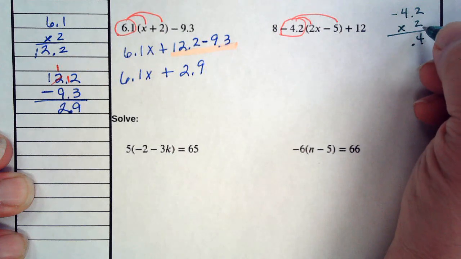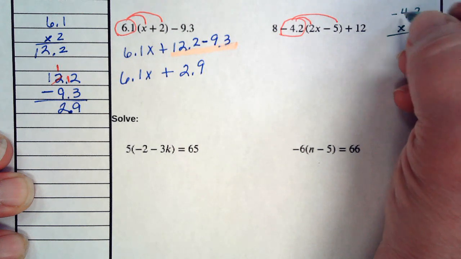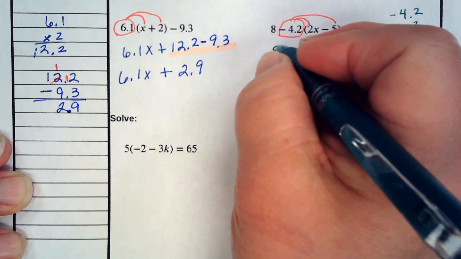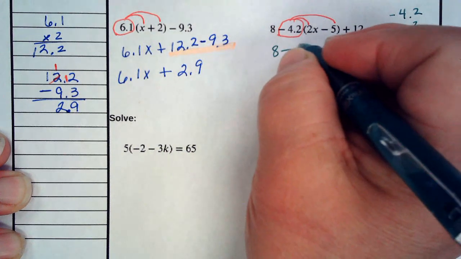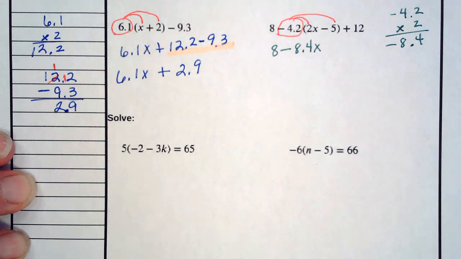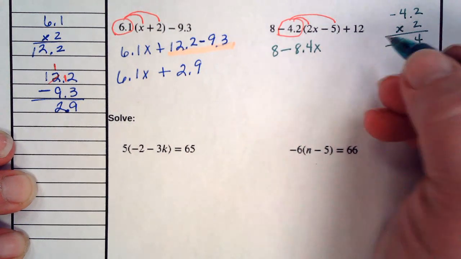Bring my decimal point down. 2 times negative 4 is negative 8. So I've got negative 8.4x. I've got to do the same thing with the negative 5.